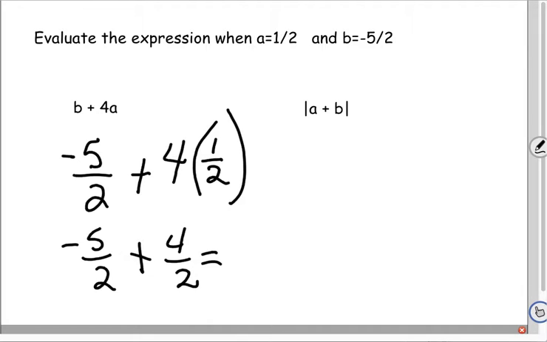Multiplying straight across. What do you get when you add them together? What do you get, John? Negative 1 half. Okay?